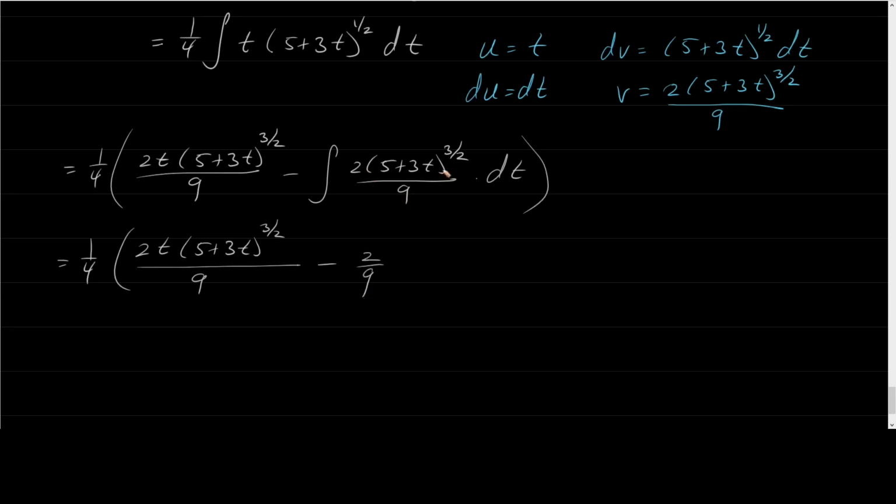And then this part, when I integrate it, becomes (5 plus 3t) to the 5/2, and over this times 2/5, and then over 3. As far as how I got these things, these two 9s are right there. These 2/5 are the reciprocal of 5/2. This 3 is this 3.